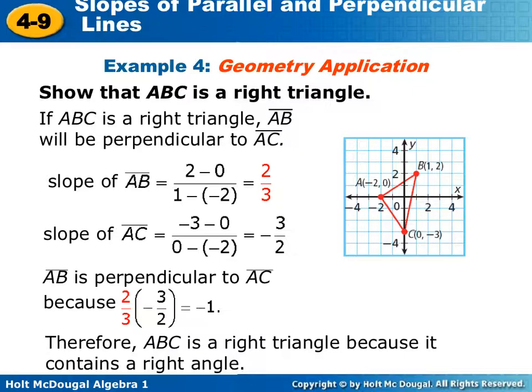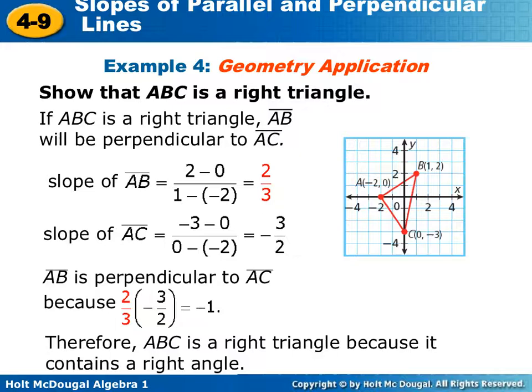All right, here's another example in relation to a geometry application. They wanted to know if it's a right triangle. A right triangle has a 90-degree angle, so you would find the slopes of the lines. You would look to see that you would come up with an opposite reciprocal.